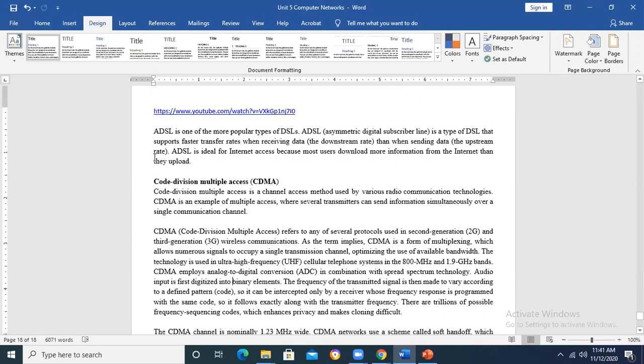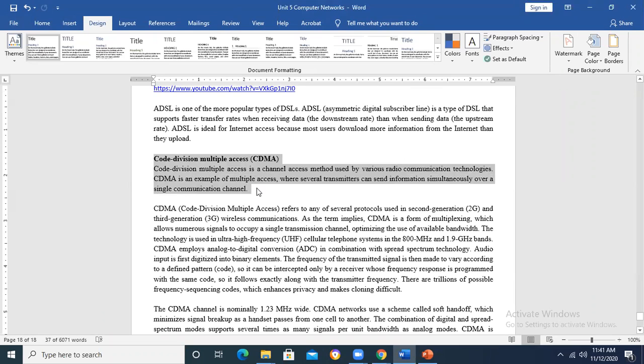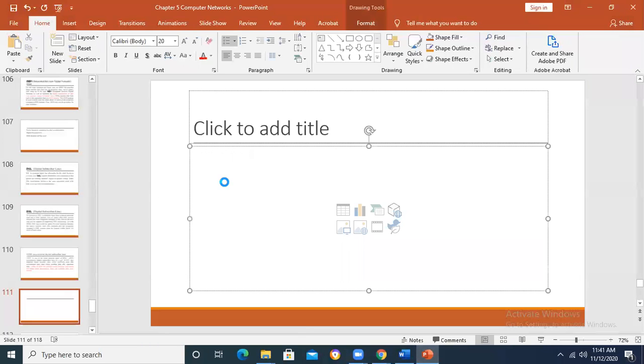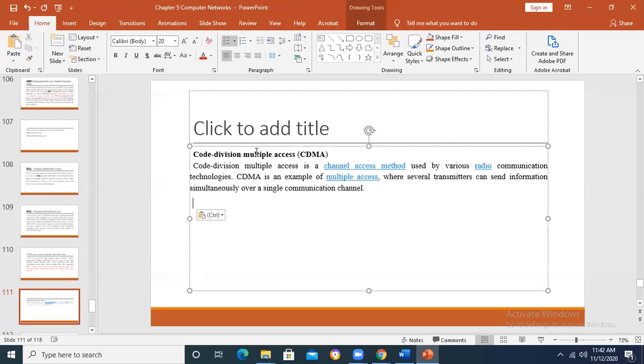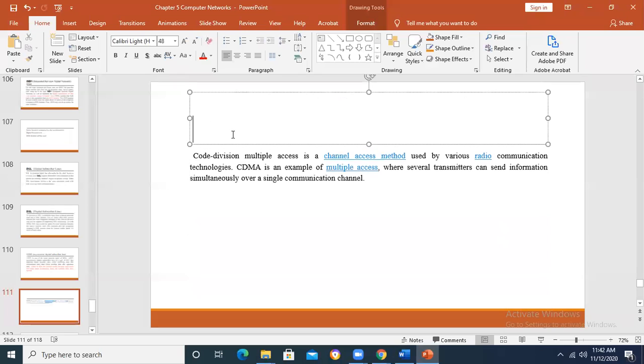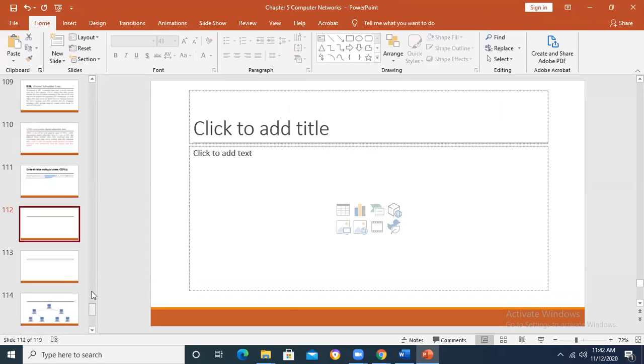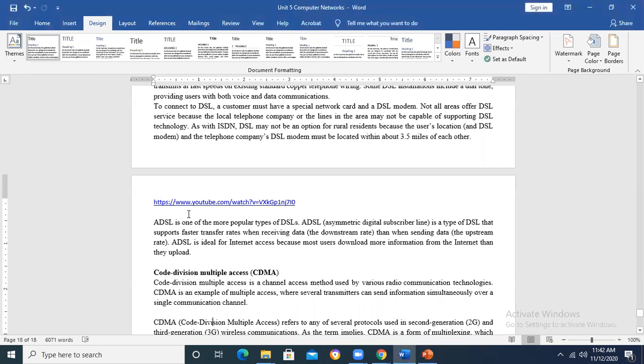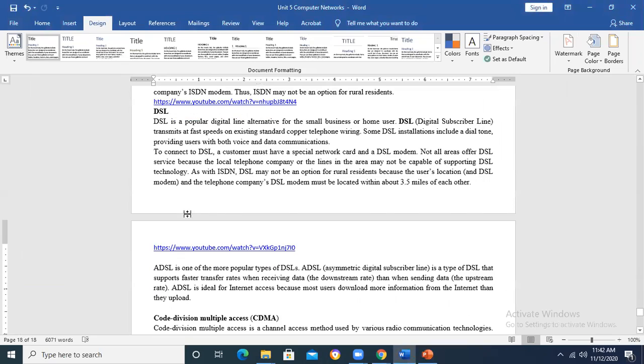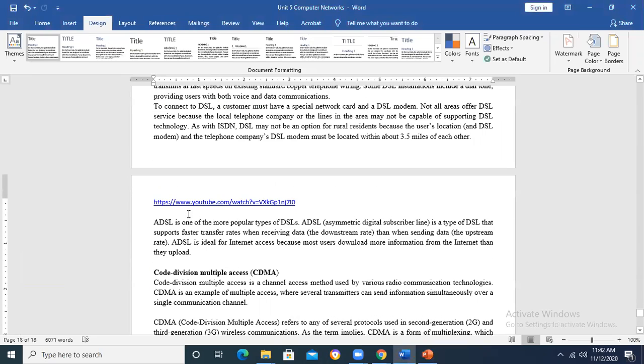Another type is there which is called CDMA. We need to understand this as well. CDMA, code division multiple access. Again, keep in mind we are talking about the telephone networks used for data communication for the computer system.